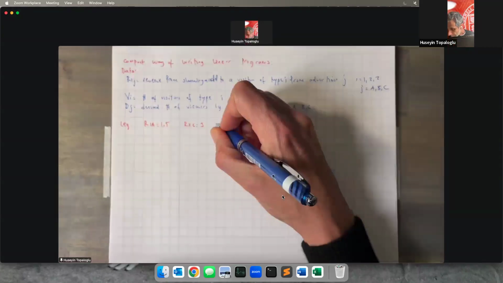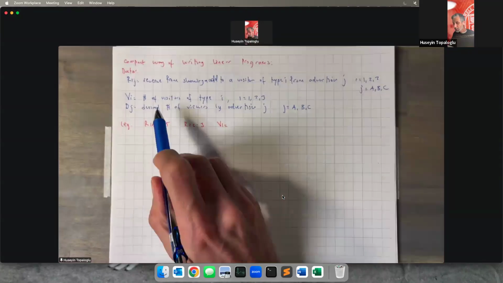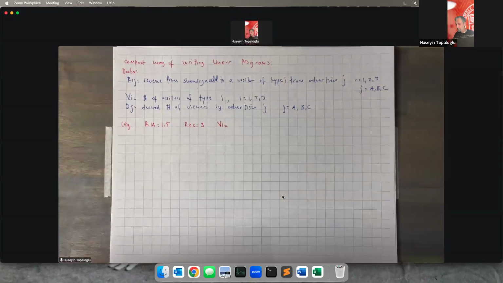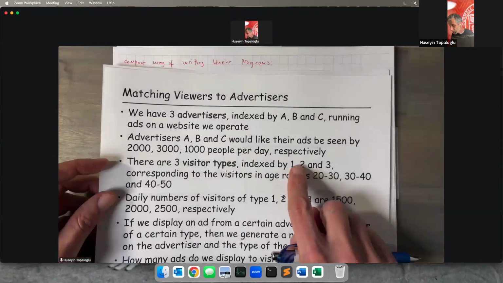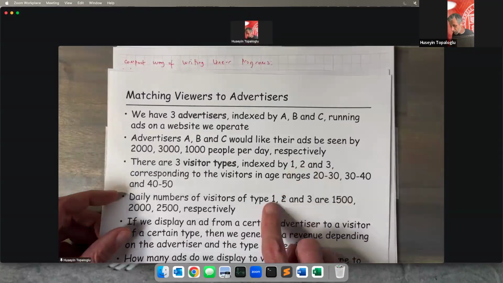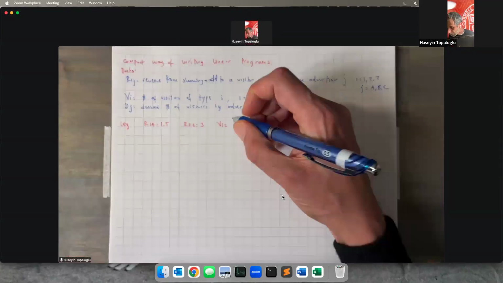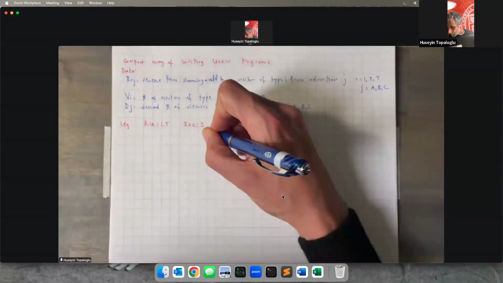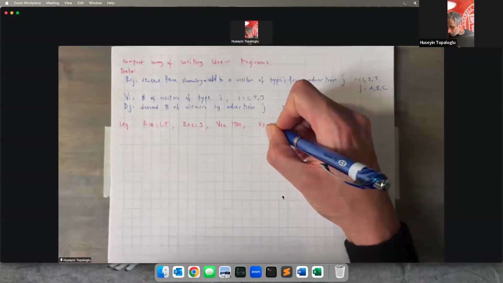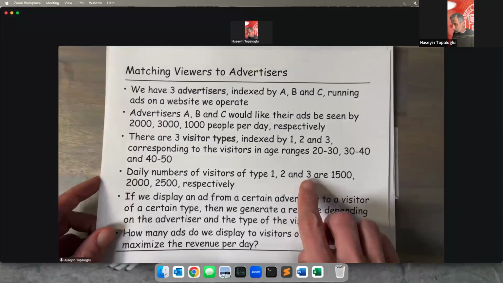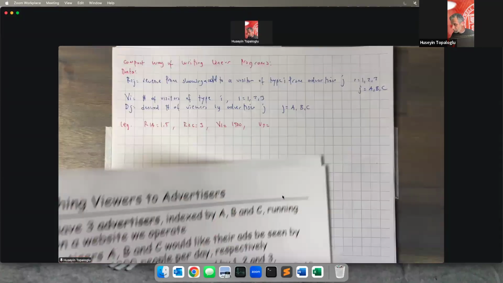Good. What is V1? V1 is the number of visitors of type 1, which is 1,500. What is V3? V3 is the number of visitors of type 3, that is 2,500.